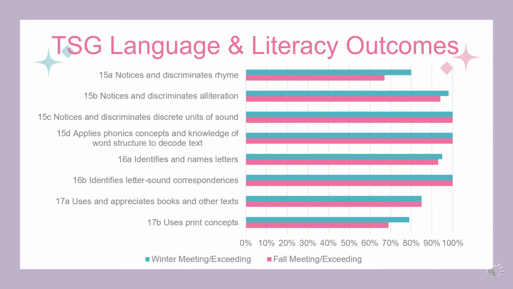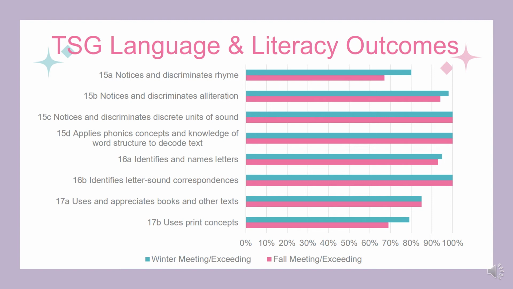Now moving into our literacy objectives for our students who use TSG for preschool, toddlers, and infants. You will see again, here we have fall represented in pink, winter represented in teal, and we do have one objective where our kids kind of stayed still, and that's 17A, uses and appreciates books and other texts.